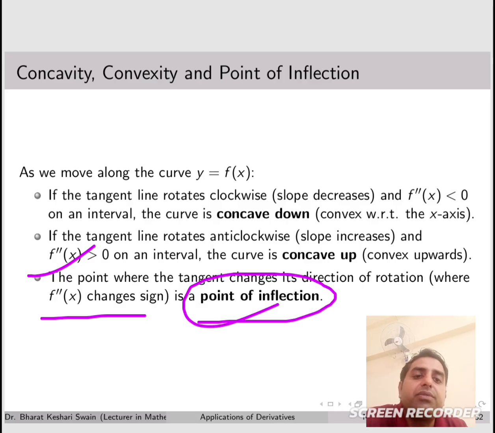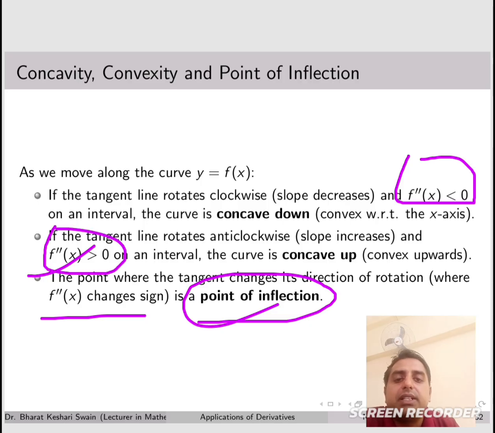Just remember, for concave down, f double dash x is less than 0. For concave up, f double dash x is greater than 0. And the point where f double dash x changes sign is the point of inflection.